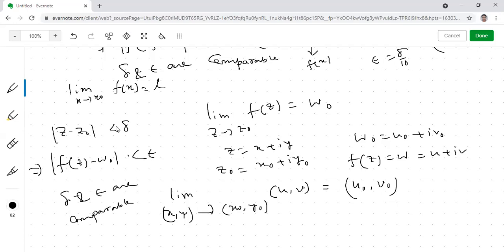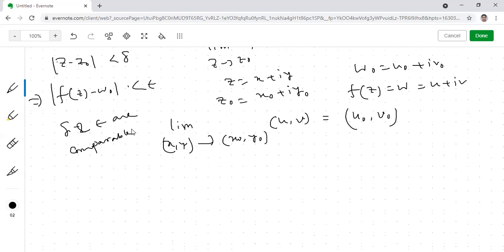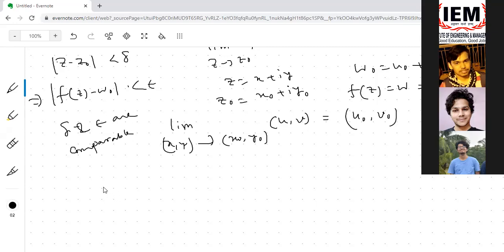The same kind of definition we are adopting here. Okay. Is that clear or not? Yes, sir. But for a function of one variable, |x minus x0| less than delta represents actually an interval. But here what will it represent? It will represent actually the inside of a circle of radius delta around the point (x0, y0). Is that clear or not?